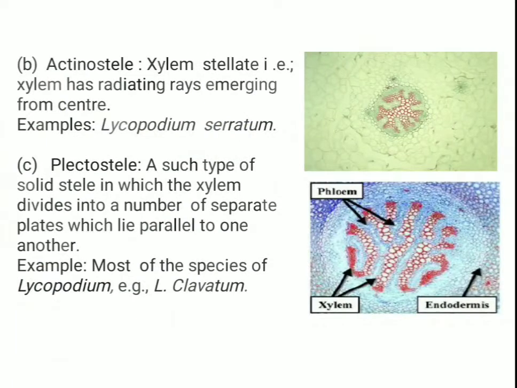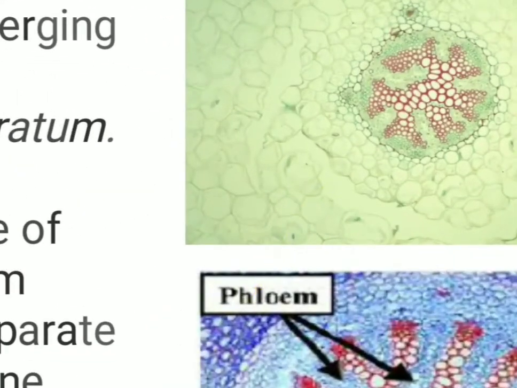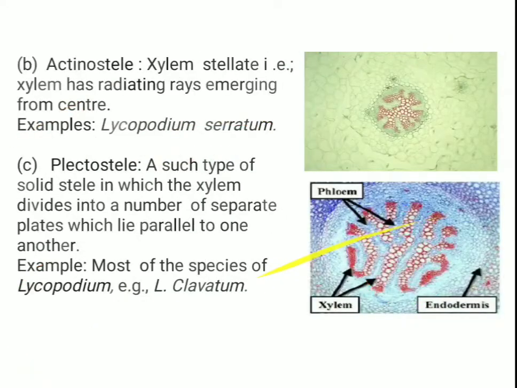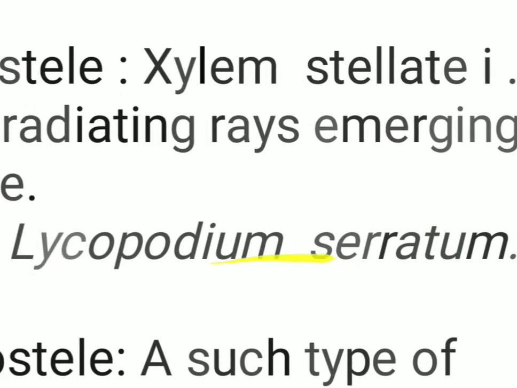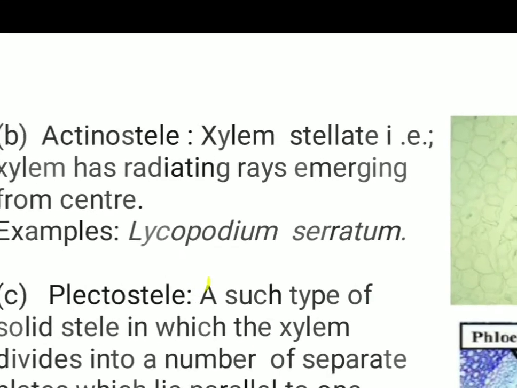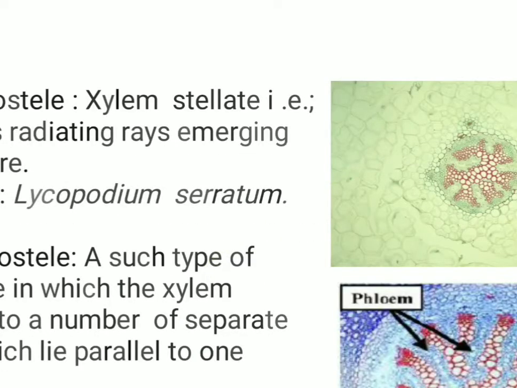Okay, then actinostele. You can see in this figure, this is the actinostele. In actinostele, xylem is stellate. Xylem has radiating rays emerging from the center. You can see this pink structure is xylem, and the green part surrounding it is phloem.